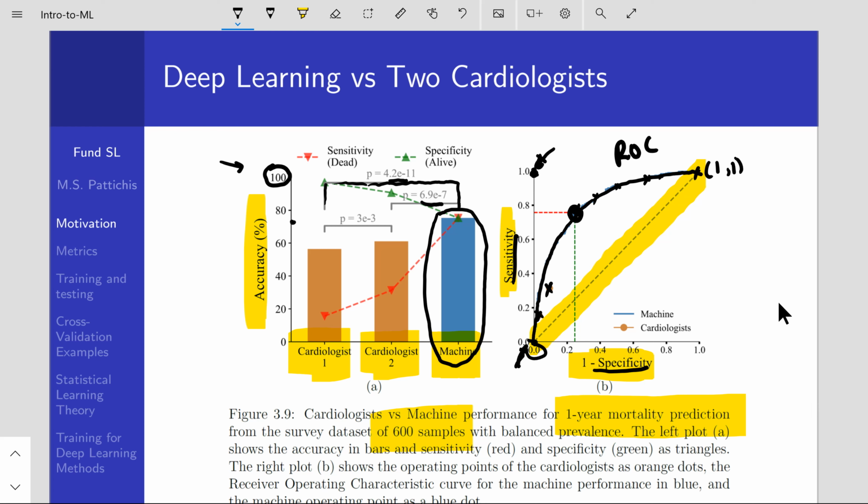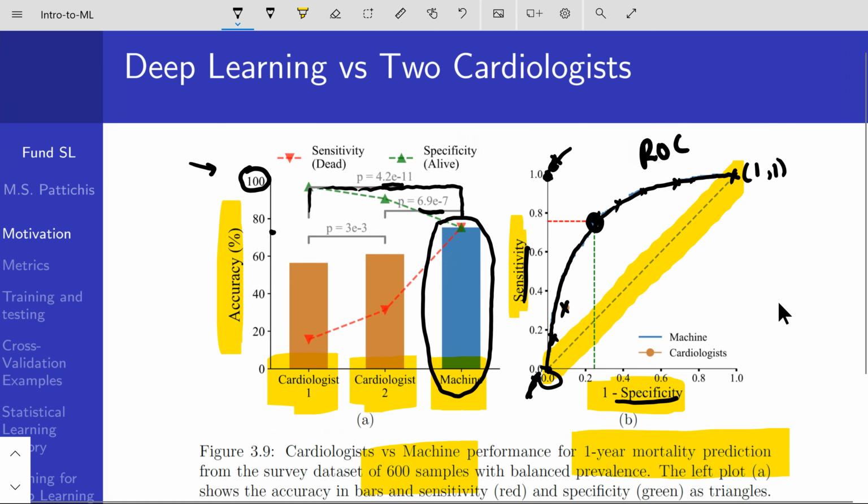It shows that the machine is not only doing better, it's doing substantially better. It's not just due to random chance, right? And you can see, on the other hand, right here, there are significant differences between the two cardiologists. However, there is a much bigger difference between each one of them and the machine.